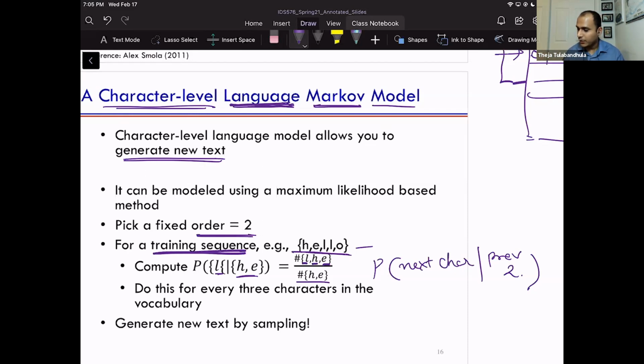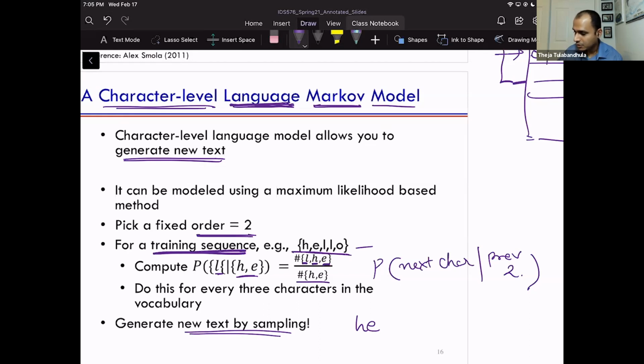Once you have that, you can generate new text by sampling, which means that, for example, I can start with 2 characters, HE, and say, what's the most likely next character that should come? You will have a distribution over all the next characters. Okay, maybe 26 next characters that are possible. And from that, you can sample.